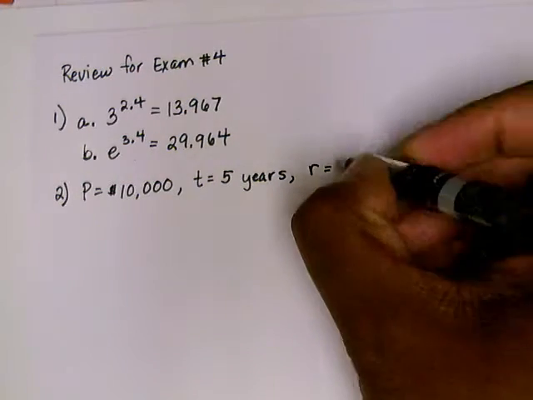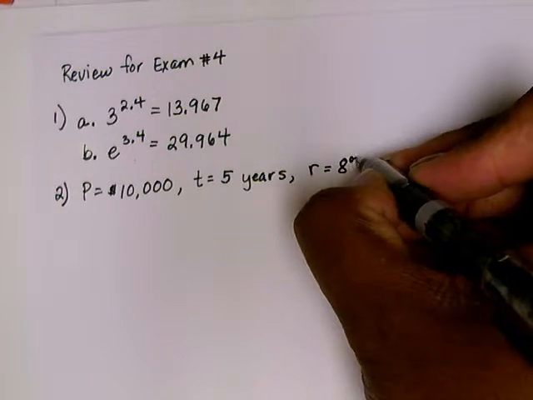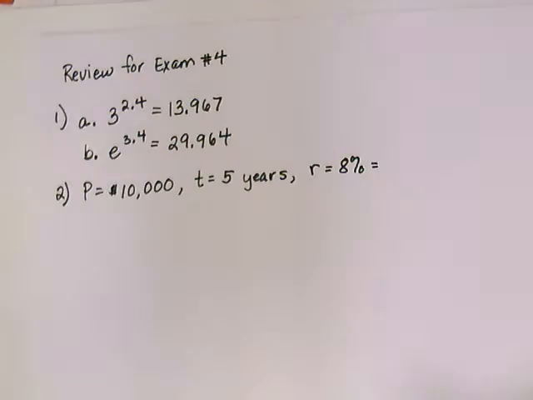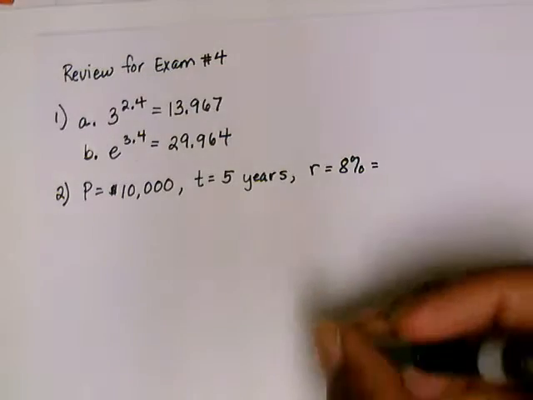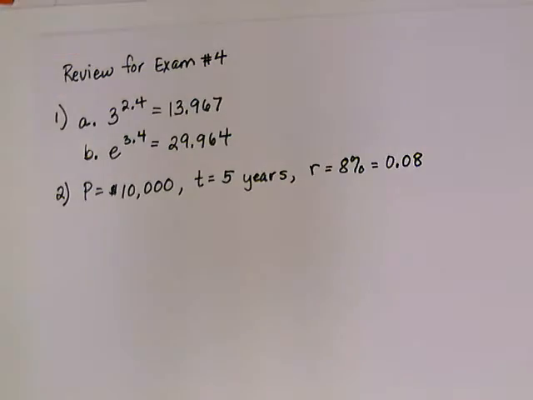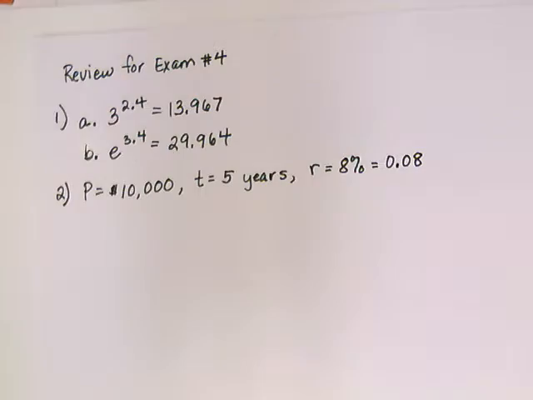The interest rate is 8%. But 8% as a decimal, you drop your percent sign, move the decimal point 2 places to the left. That will be 0.08. Or you can take the 8 and divide that by 100, and that will help you change that percent to a decimal, because percent means per 100.